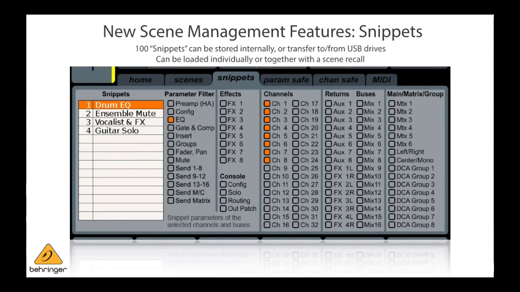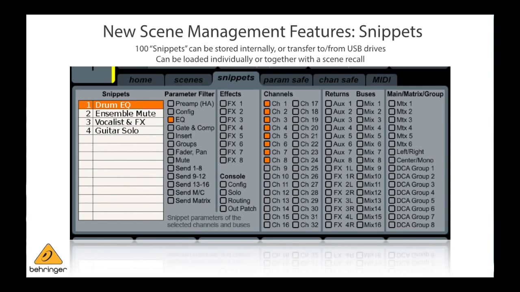A little more information on our snippets. You have the ability to save 100 of these snippets. They can be stored internally on the console, just like with your scenes, or you can export them to a USB drive and save them off of the console for backups or just that extra storage. And then you can also import them as well.